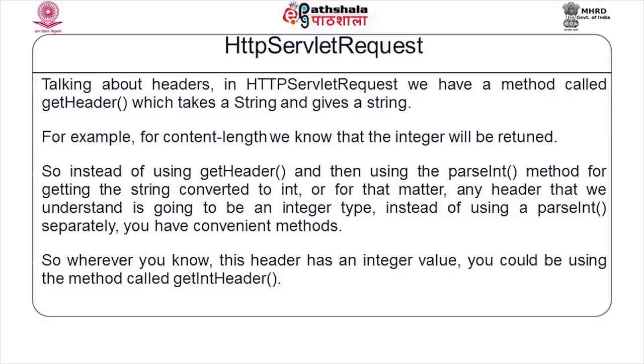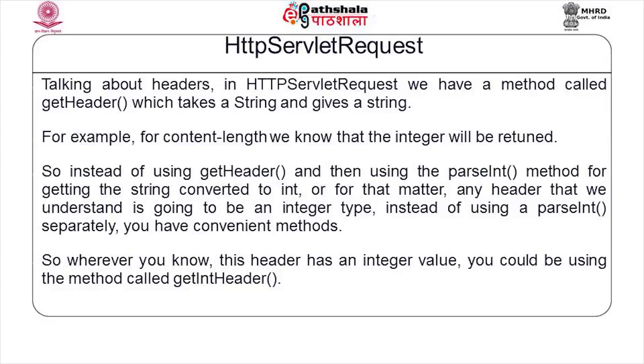Coming to the headers itself, we have the method called getHeader, which takes a string and gives a string. Many times you might have a header, say for example the content length header. What is the return type? Content length, we understand, is going to be an integer value.